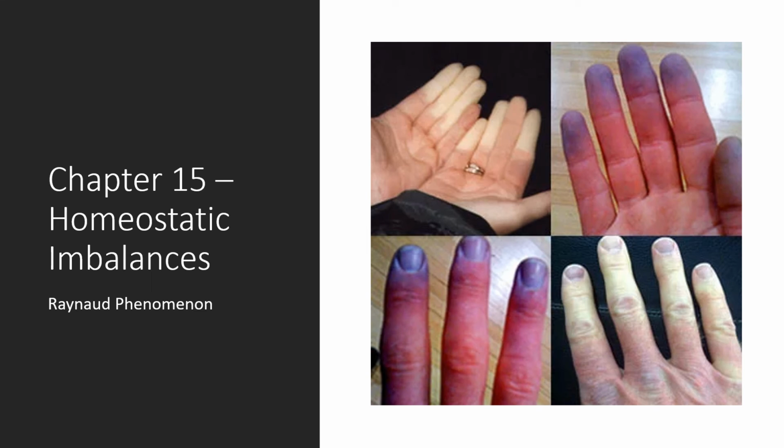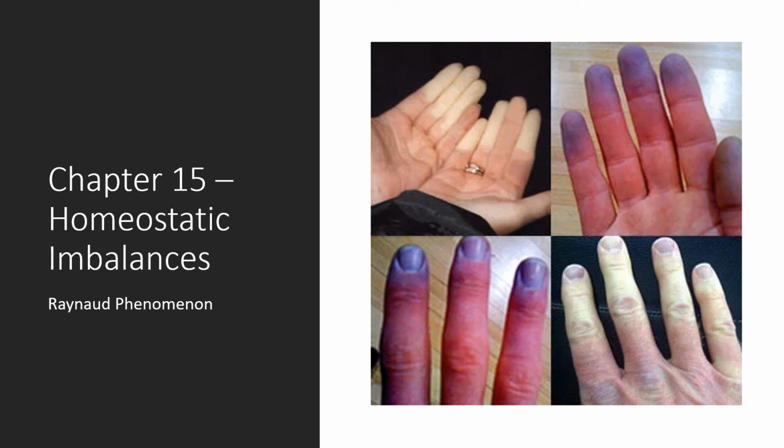Chapter 15 was the autonomic nervous system chapter, and the homeostatic imbalance I want to talk about is called Raynaud phenomenon. In this phenomenon, the digits, which are the fingers and toes, become ischemic, which means that they have a lack of blood.